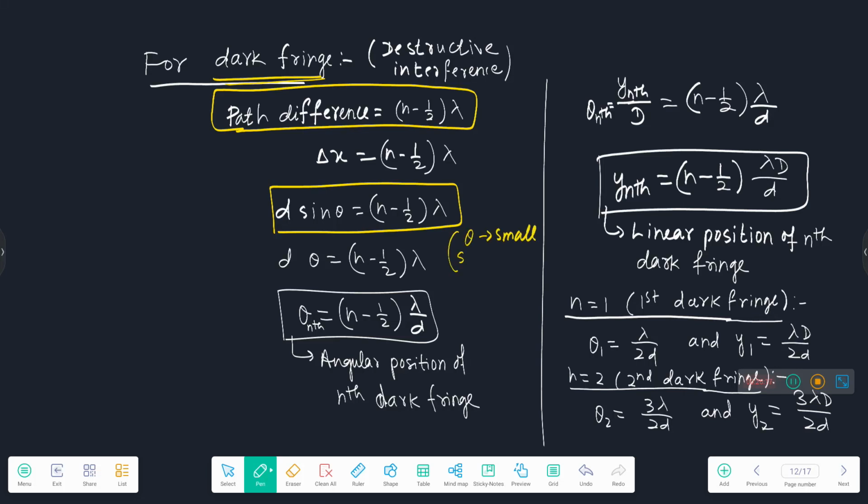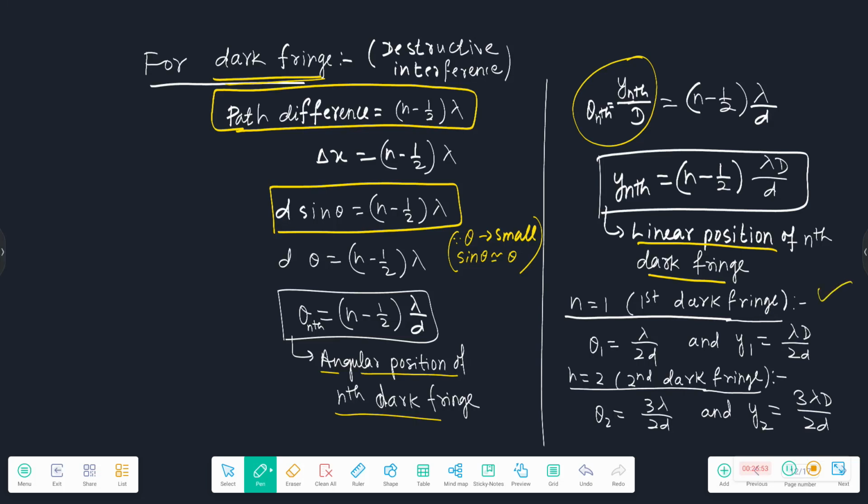Theta_n is (n minus half) lambda by small d, which is the angular position of the nth dark fringe. Substituting theta equal to y_n by D, you get y_n, the linear position of the nth dark fringe, as (n minus half) lambda D by small d. n equal to 1 is the first dark fringe, n equal to 2 is the second dark fringe.